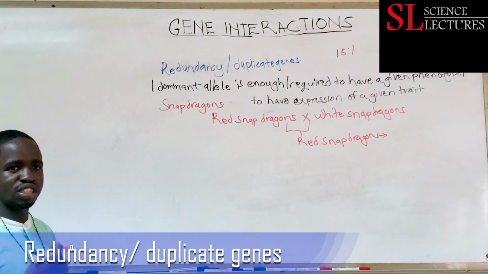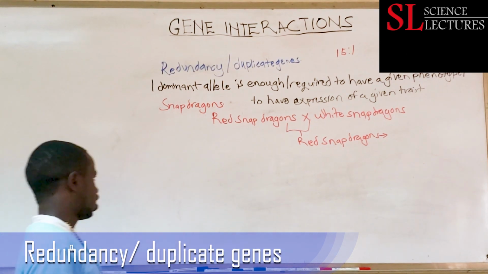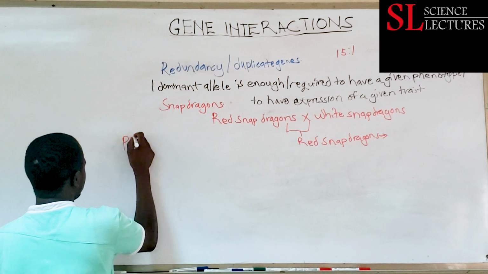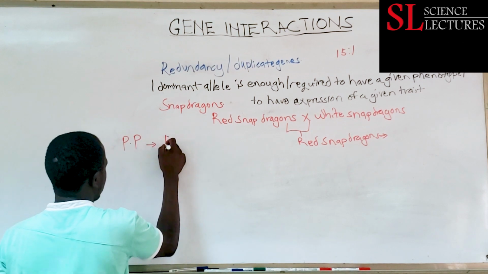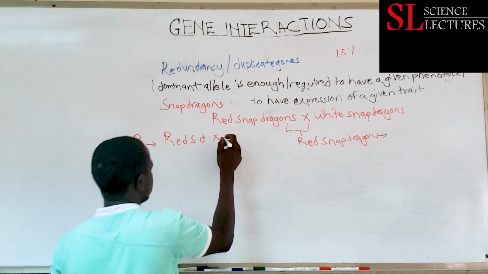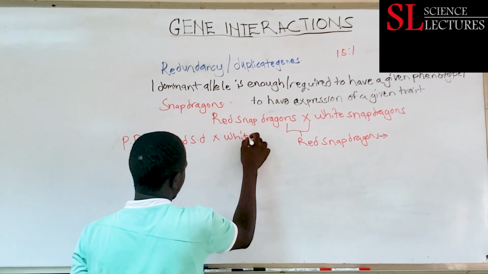Let's try to explain this as genetics. Let's do a simple cross. Say our parental phenotype is a red snapdragon crossed with a white snapdragon.